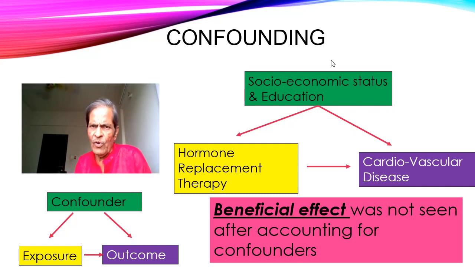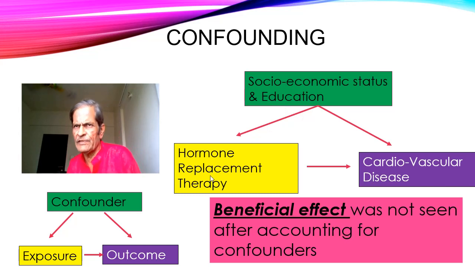But this was found because the confounding effect of socioeconomic status and education was not taken into account. And these are the confounders, because socioeconomic status and education are related to hormone replacement therapy.